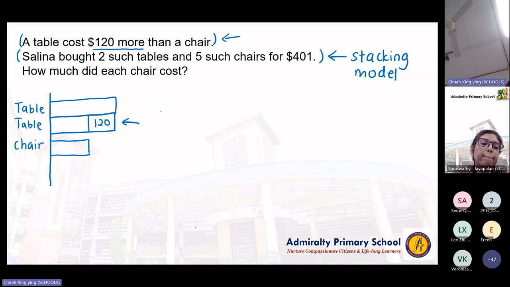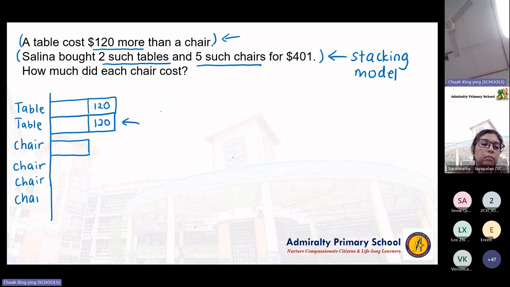Does it give you a clue? Yes, it does give you a clue that this is also $120. The unknown parts remain unknown, but at least now we know more and more clues. So 2 such tables, that's the cost. 5 such chairs. So this is 1 chair. I need 5 chairs.